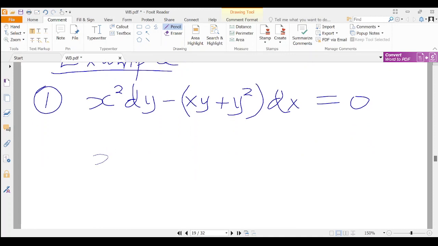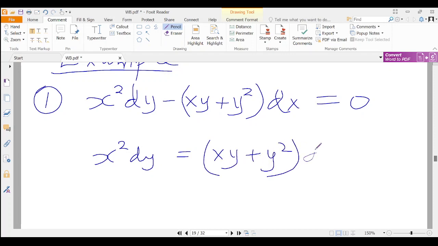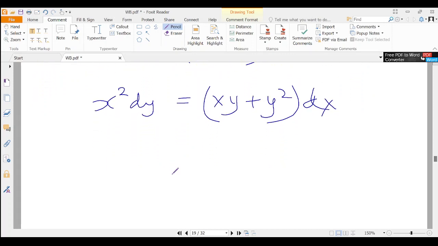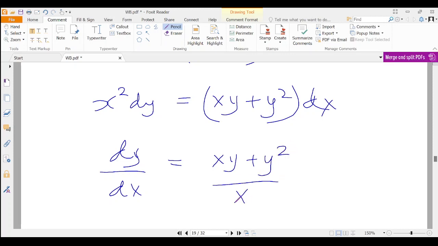We can rearrange this and write x squared dy is equal to xy plus y squared dx. And so if we divide both sides by x squared, and divide by dx, we shall get dy/dx is equal to xy plus y squared divided by x squared.